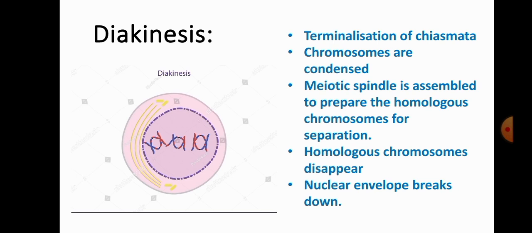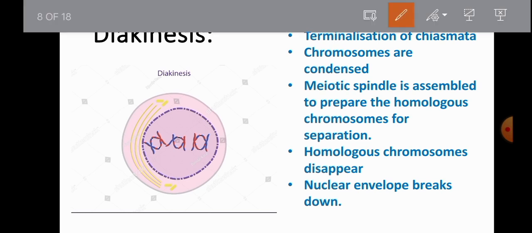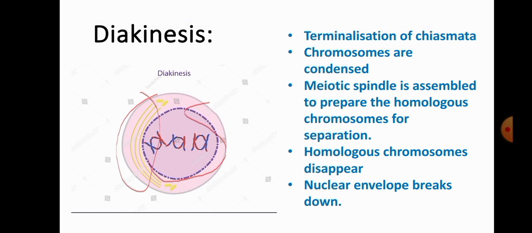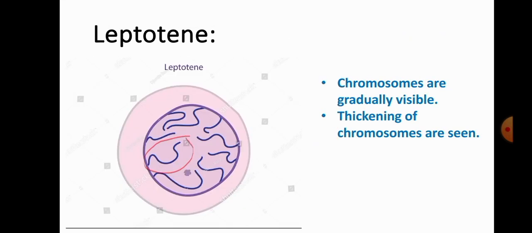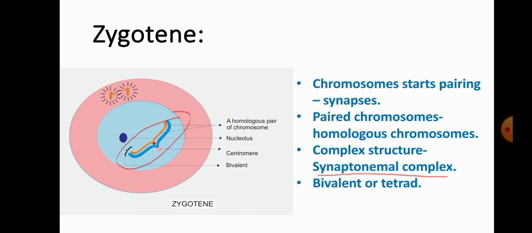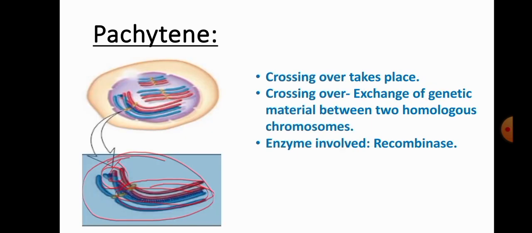what happens is terminalization of chiasmata. The crossing over site also starts to split, and you can also see the spindle fiber formation, and the nuclear membrane starts to break down. To sum up the prophase 1 stage: in leptotene, mainly thickening of chromosomes occurs and individual chromosomes are seen. In zygotene, the pairing of homologous chromosomes occurs and the synaptonemal complex forms between them. In pachytene, crossing over occurs, the exchange of genetic material between the homologous chromosomes.